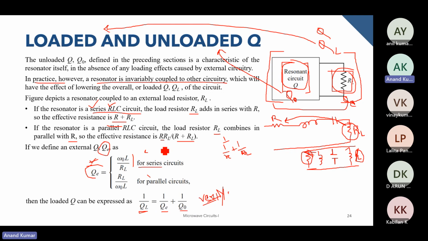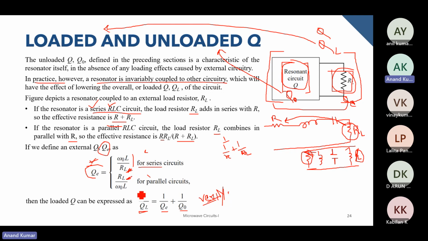So very intuitively, if you see, once you have found out the external quality factor for the series circuit, the resistance is in the denominator, and for the parallel circuit, the resistance is in the numerator.